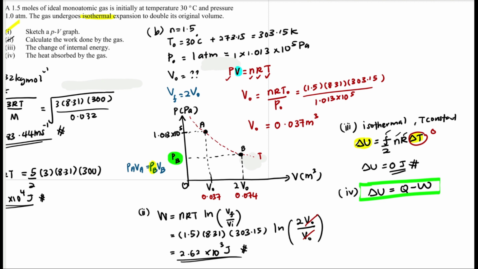Okay. And then Q equal to W. So we already calculated W just now, right? So this one is 0. So Q minus W. Therefore, Q is equal to W. And Q is equal to, we already calculated just now, 2.62 exponent 3 joule. So this is the answer.